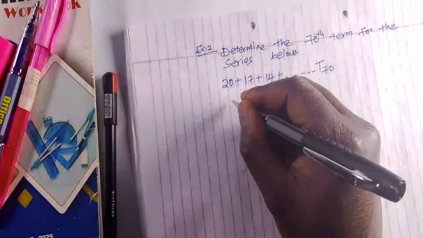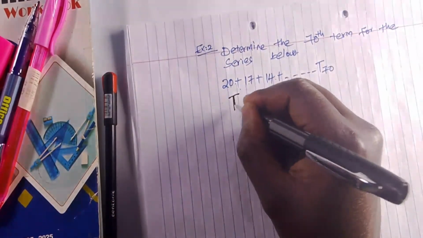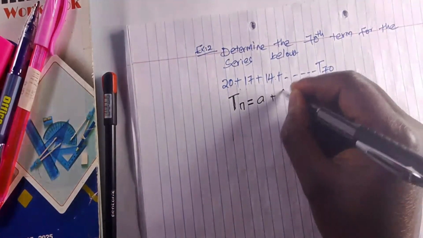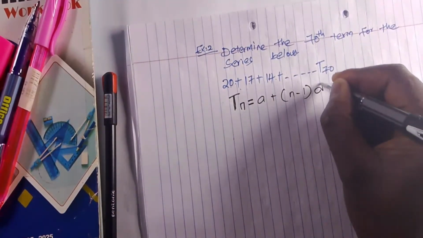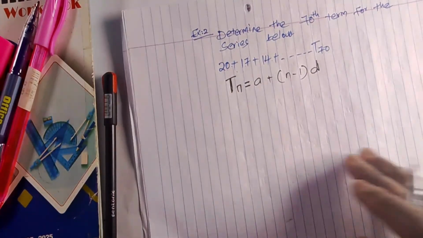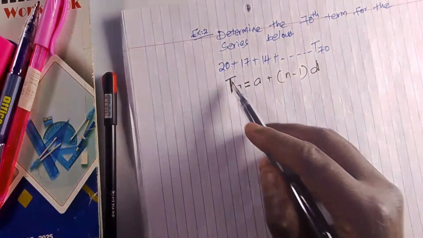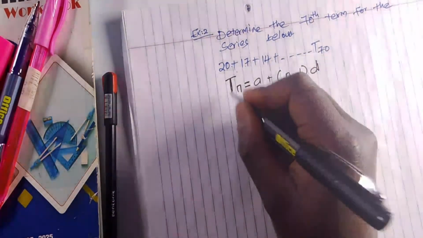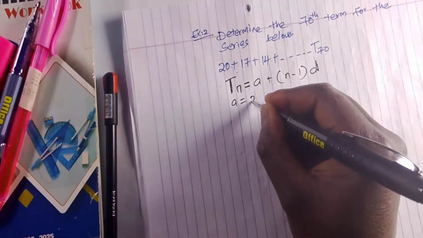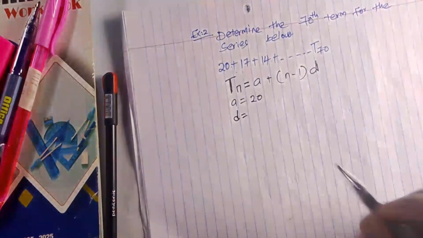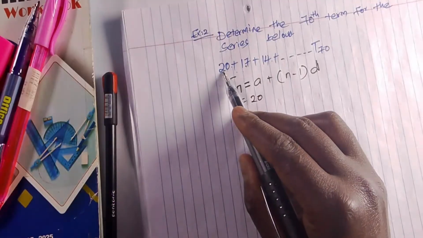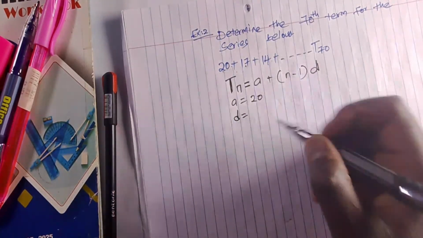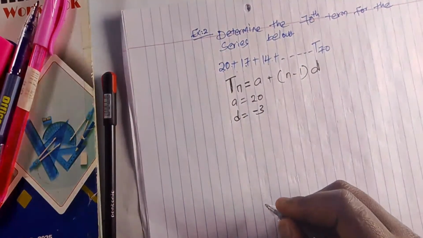The first thing we need to write down is the formula, which we said nth term is equal to a plus (n minus 1)d. So since we are looking for the 70th term, our a here, the first term, is 20. Our d will be equal to 17 minus 20, which is negative 3. Then 14 minus 17 is still negative 3. So our d is negative 3.